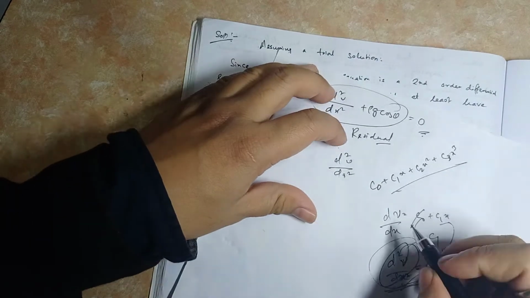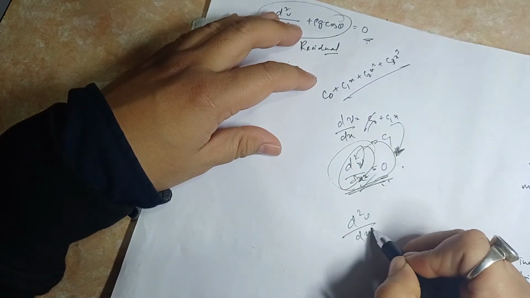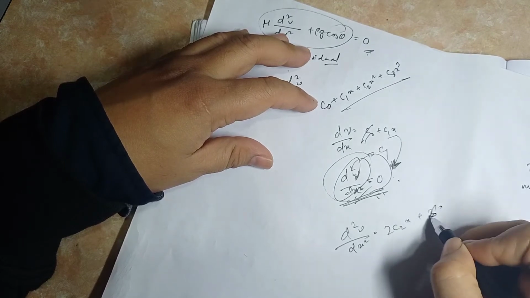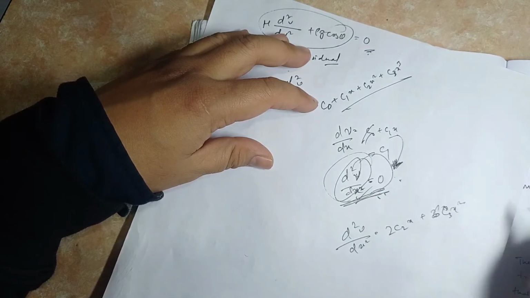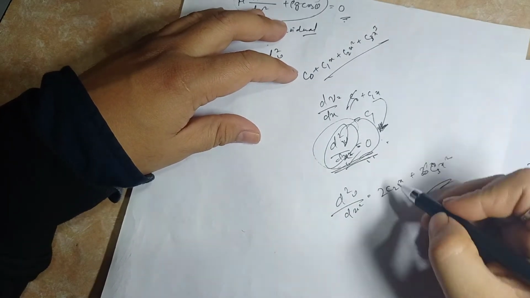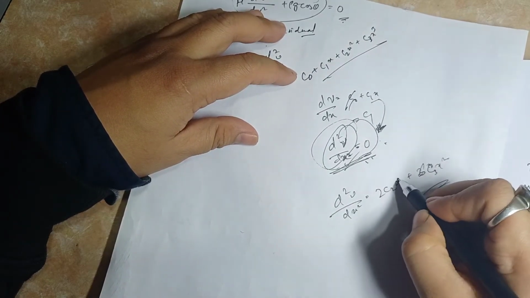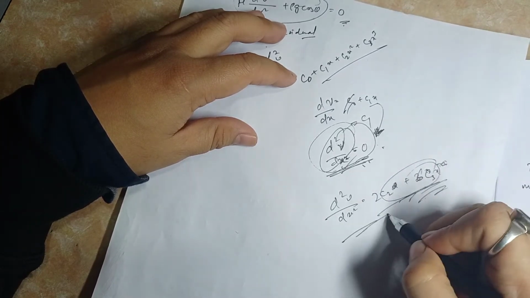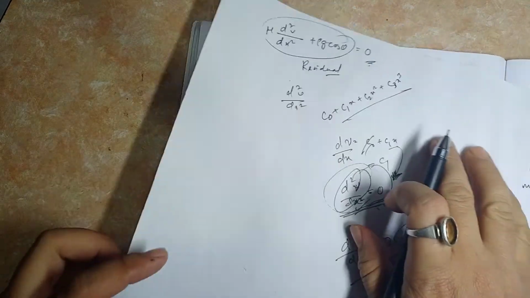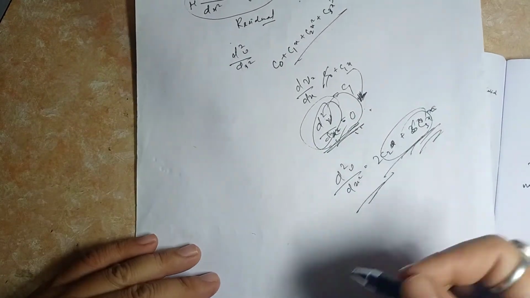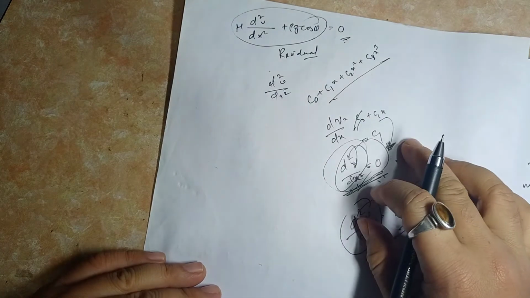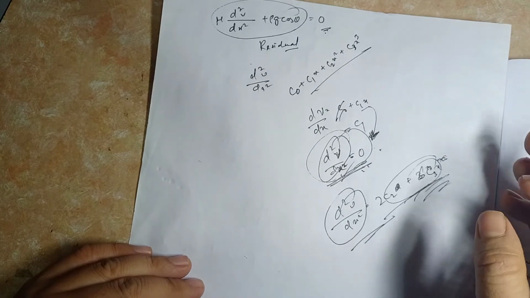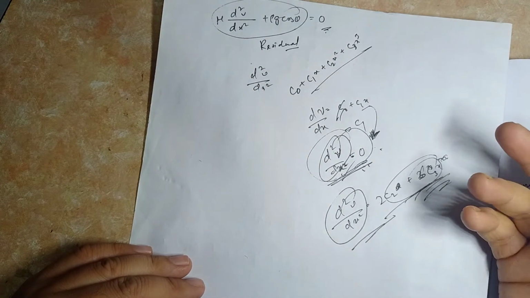In this case we need up to d square, so we will have 2 c2 plus 6 c3 x, something like this. Depending upon your experience, you have to choose such a trial function and try to minimize the residual.